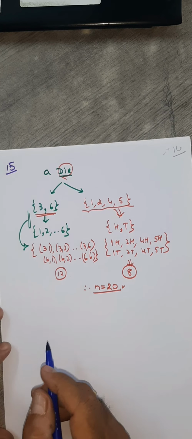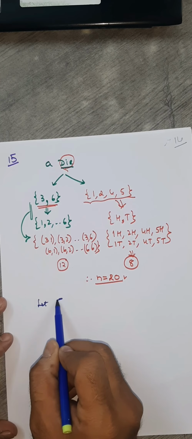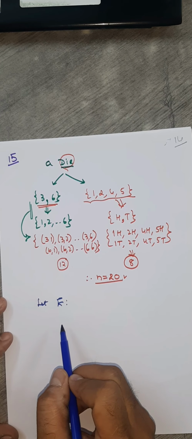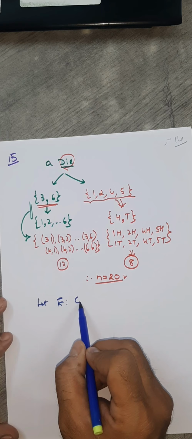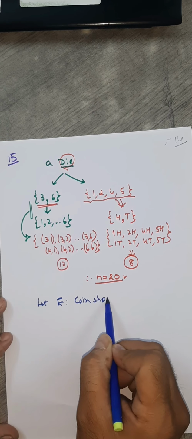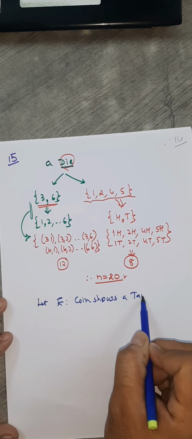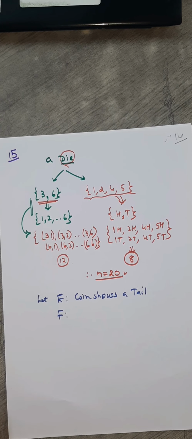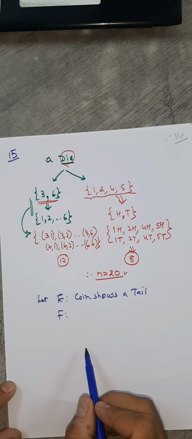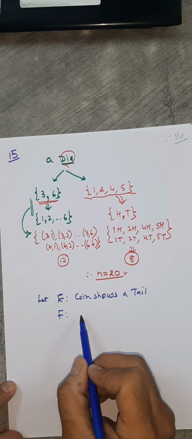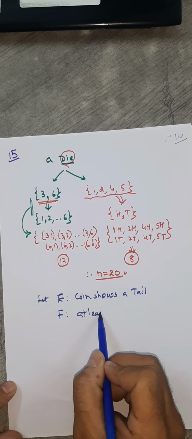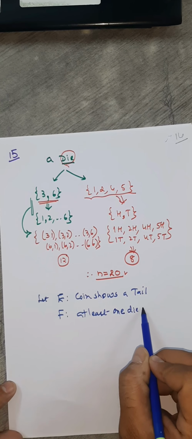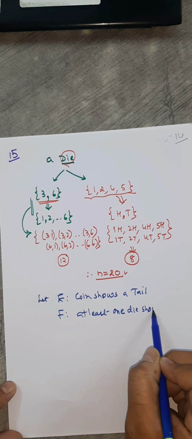Now what is asked? I'll call the first one event E. What is the definition of event E? The event that the coin shows a tail. Event F: at least one die shows 3.